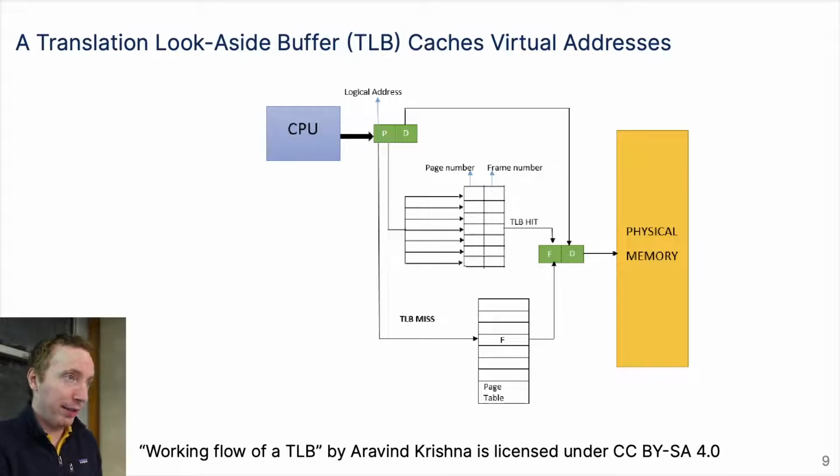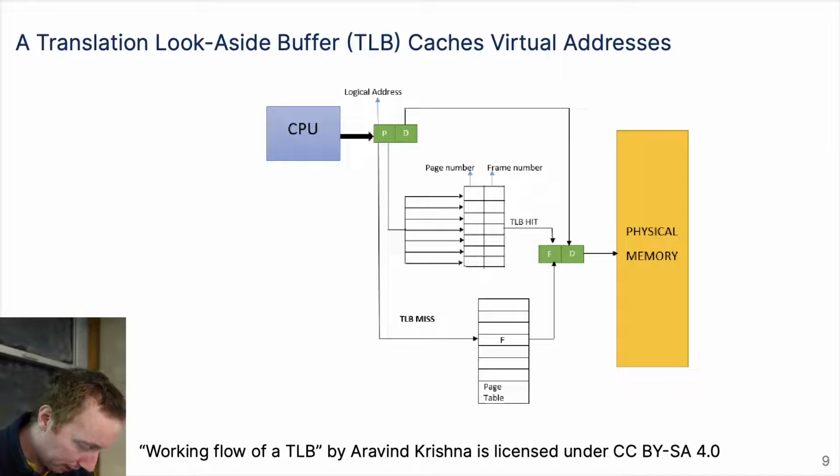So a TLB, or a translation look-aside buffer, is exactly that. It's just a cache for virtual addresses. So your CPU is going to have the virtual address, sometimes it's called a logical address, and then have a mapping here and store essentially a cache.